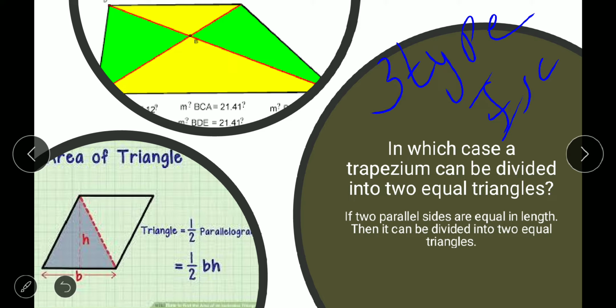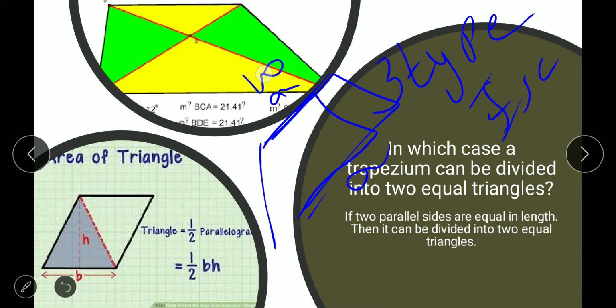No. If two parallel sides are equal in length, then it can be divided into two equal triangles. It means only in the case of isosceles it is possible. So both the parallel sides A and A should be equal, if it is 10 centimeter, this also should be 10 centimeter. Then only we can divide it into two equal triangles.